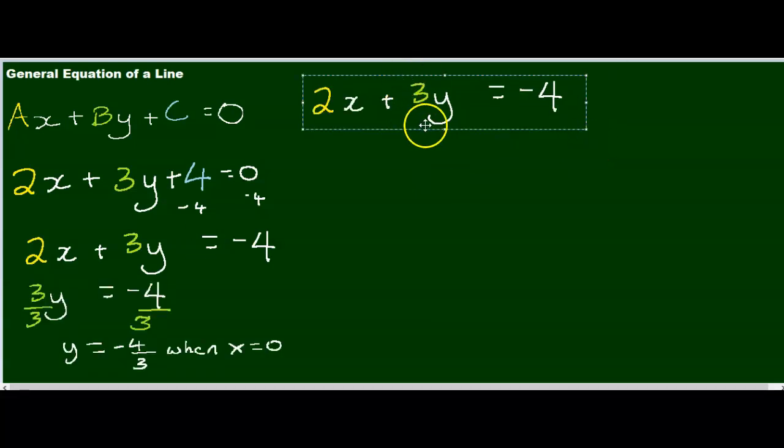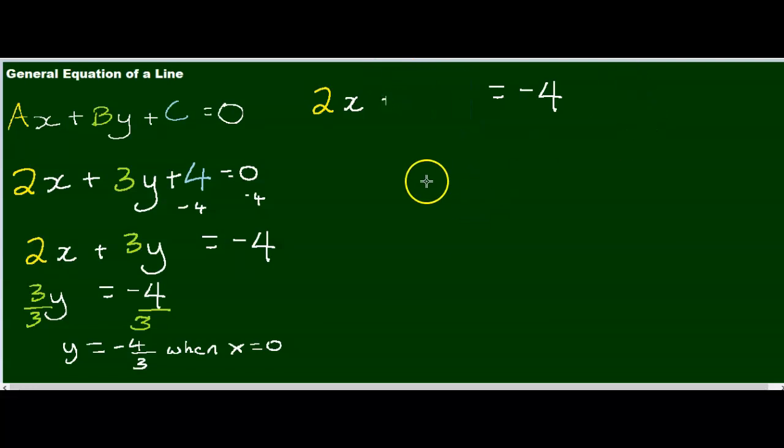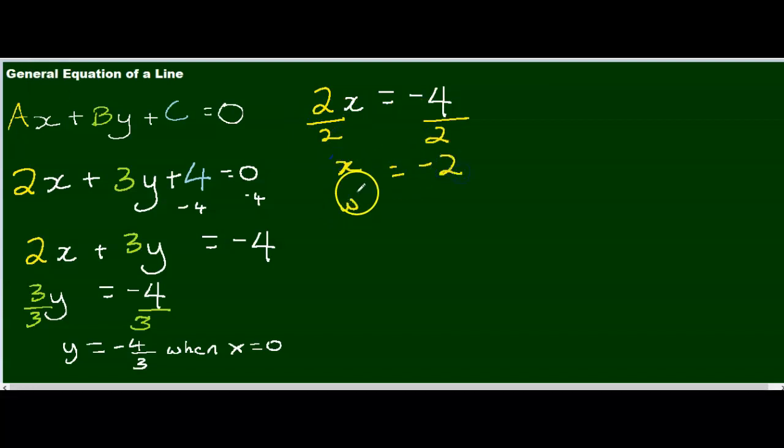So this is your y-intercept. What about when your y equals 0? Well, when your y equals 0, 3y also equals 0. So you are left with 2x equals negative 4. And if we divide both sides by 2, my x equals negative 2 when y equals 0.